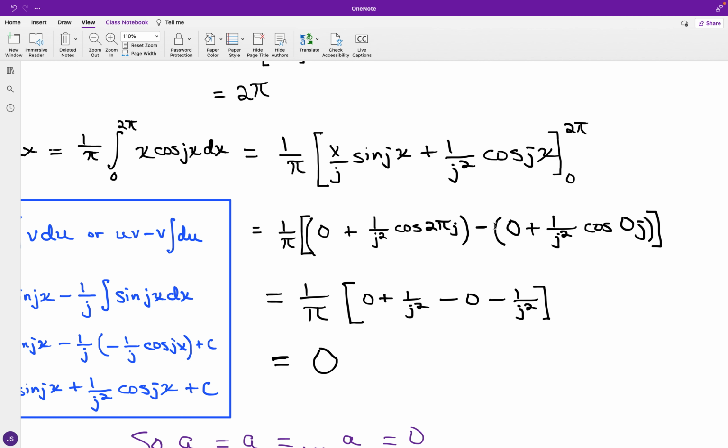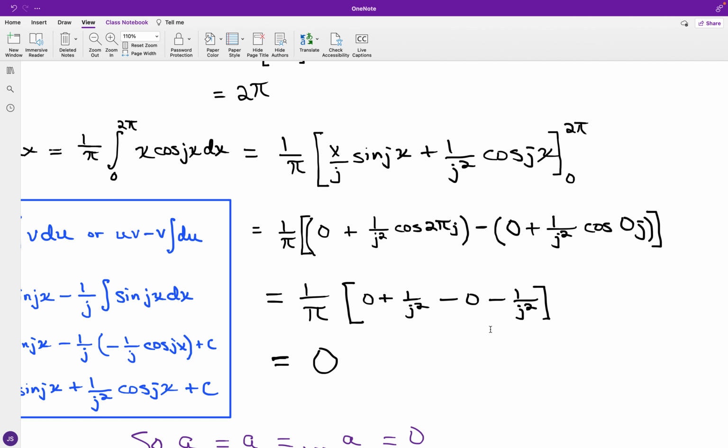And at 0, sine is going to be locked in at 0, and the cosine of 0 is going to be 1. So collectively, from the upper limit, we have 0 plus 1 over j squared. And again, at 0 radians, we have 0 for the sine and 1 over j squared for the cosine, but I'm going to be distributing subtraction.